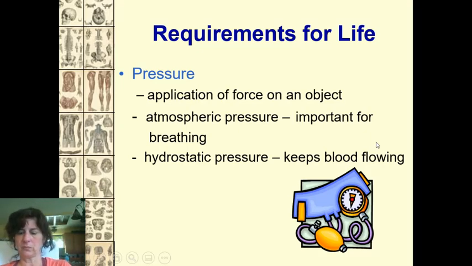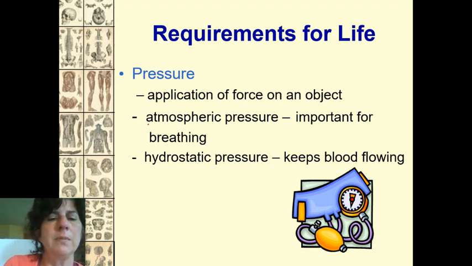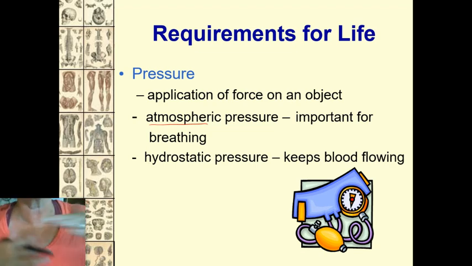Pressure. Pressure is really important. Blood pressure, right? Lung pressure, those are things that we think of. So atmospheric pressure is really important in allowing for breathing. When you breathe in and breathe out, there's no pump inside your body that sucks that in. All you're doing is changing the size of this chest cavity.